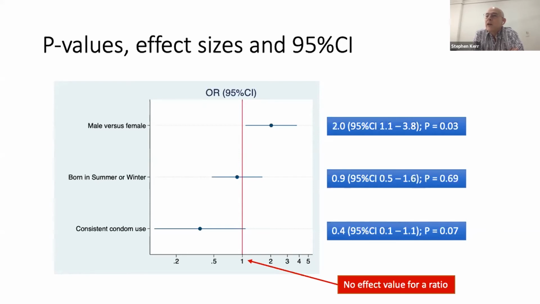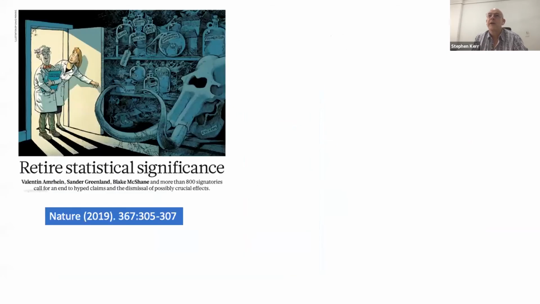But based on the confidence intervals, we see that they are most consistent with a decrease in the risk of an STI if you consistently use condoms, which is also biologically plausible. So when we're interpreting models, it's very important to consider the effect size, which in this case was our odds ratio, and where the confidence intervals lie with regard to the no effect value.